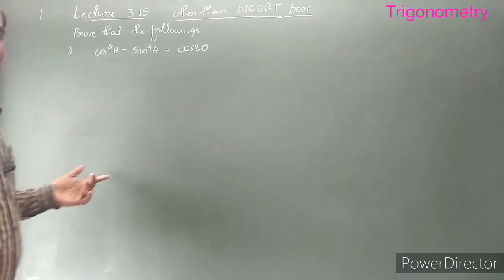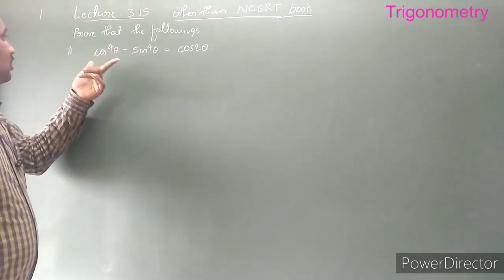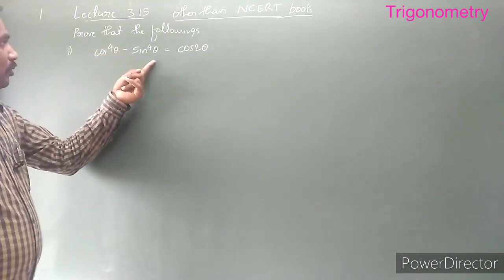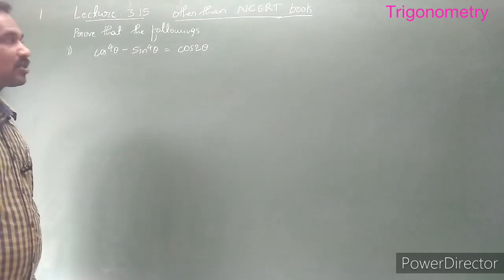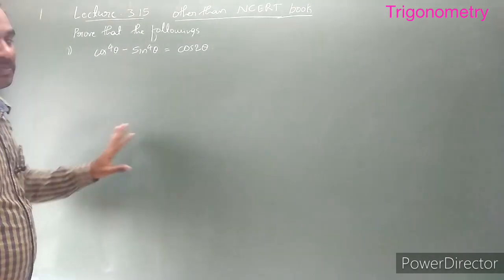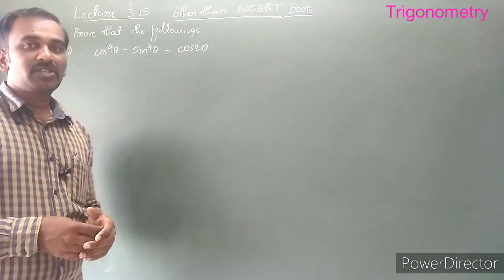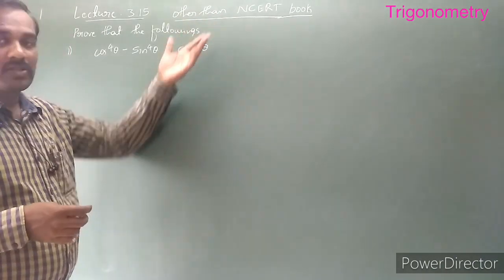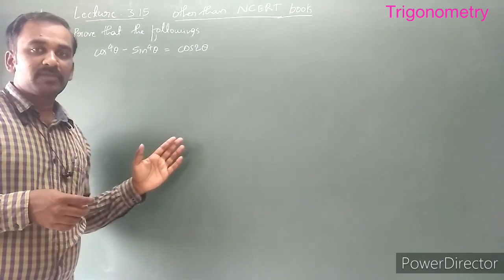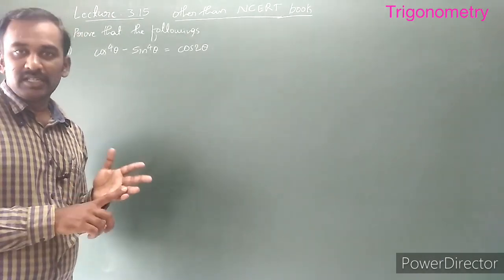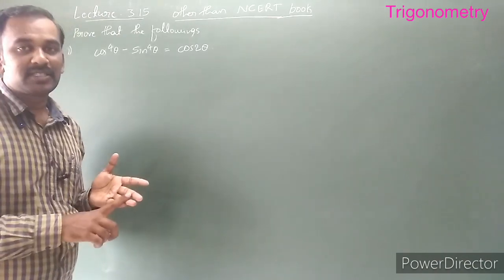Okay. Next. Prove that cos power 4 theta minus sin power 4 theta is equal to cos of 2 theta. Actually these problems are other than the NCERT. For your examination and test, we are going to ask only the problems from the NCERT book: the solved problems, the unsolved problems and the exercise.